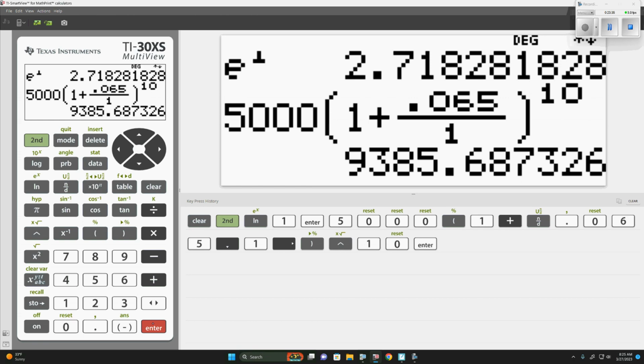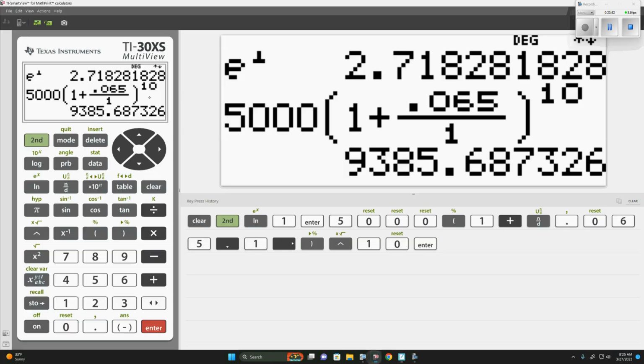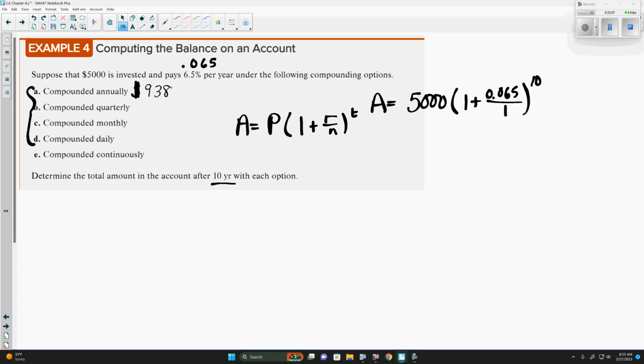So $9,385.69. So if it's compounded annually, once a year, it is $9,385.69.